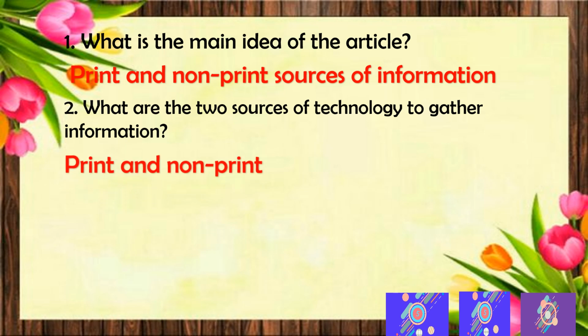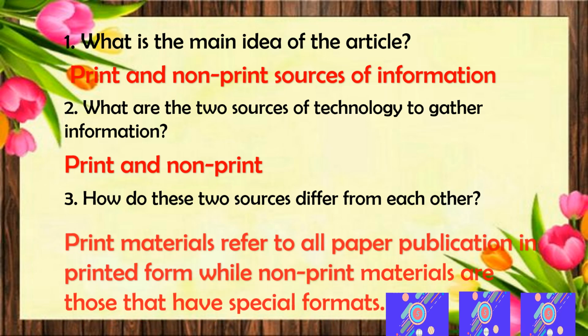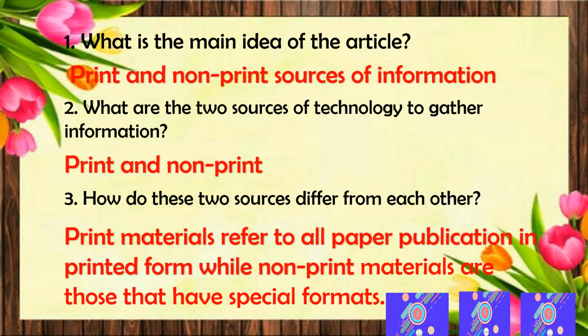Answer: print and non-print. Number 3, how do these two sources differ from each other? Answer: print materials refer to all paper publication in printed form, while non-print materials are those that have special formats.